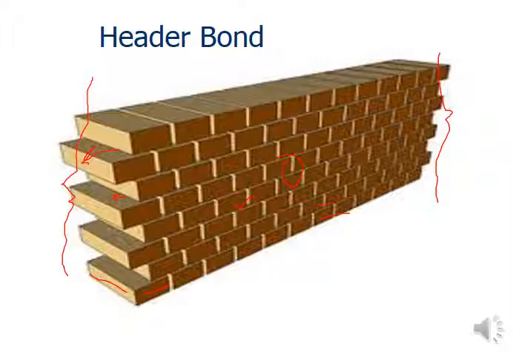So all of the odd courses are going to give you the vertical joints. So these vertical joints should not come above that. So here you can see the half over here and half over here. So similarly you can place your bricks above each other.